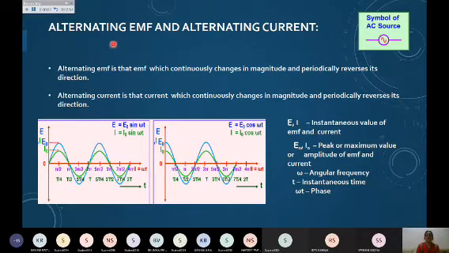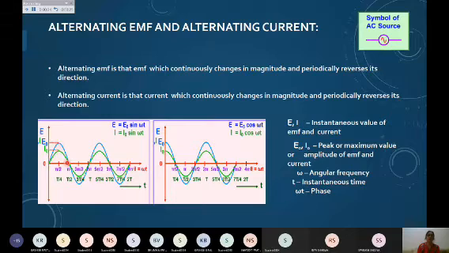So alternating EMF or alternating current, when I take the output from any AC source, this is the symbol, showing the variable symbol. You can see the sinusoidal symbol, and it is changing its magnitude and periodically reversing its direction. So that can be seen here also.